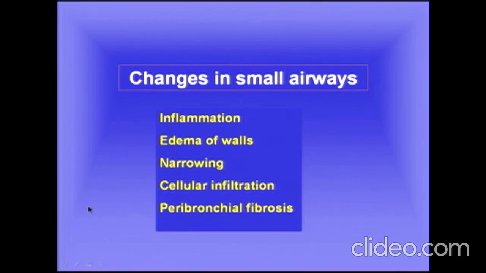And histological pictures show that in the small airways of people with chronic bronchitis, you've got inflammation of the airways, edema of their walls, that's part of the inflammation, narrowing of the airways, cellular infiltration, and you can also get some peribronchial fibrosis. So the changes in the small airways are critically important, and we'll say a little bit more about those later on.